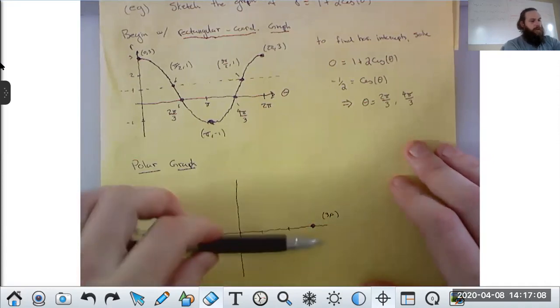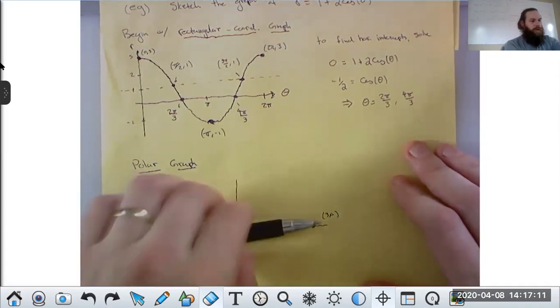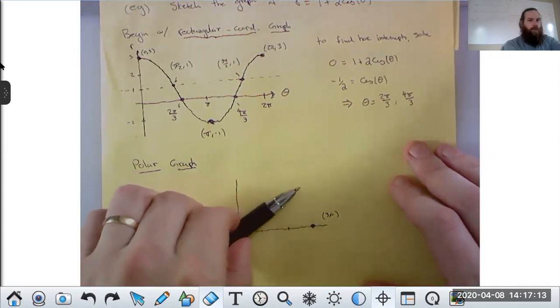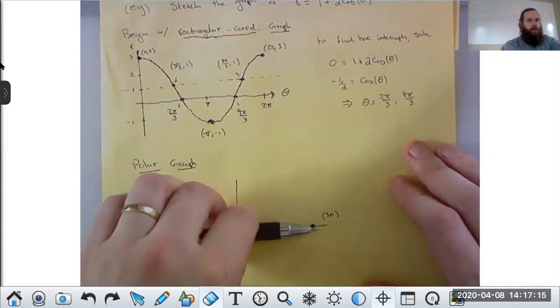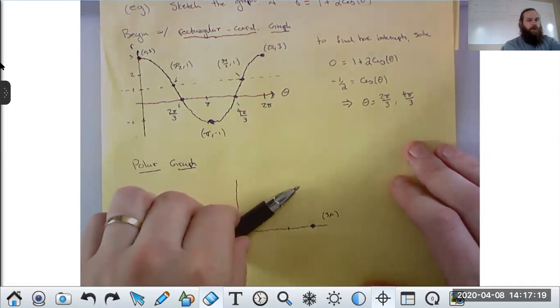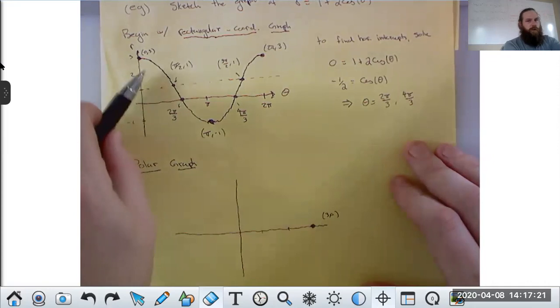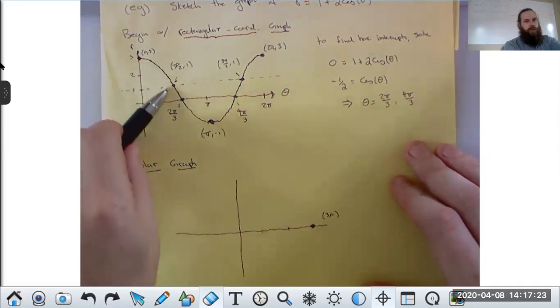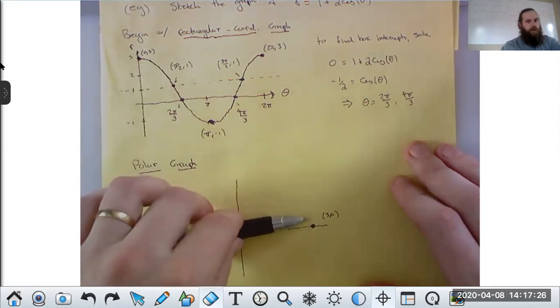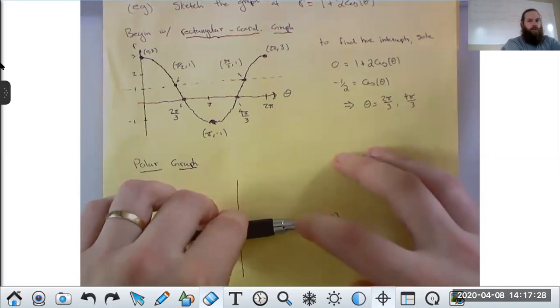Now as theta starts to rotate up, what is r doing? Is my little man walking in along that arm, or is he walking out along that arm? I see here that r is decreasing as theta starts to increase. So as theta goes up, this point is going to want to run in.